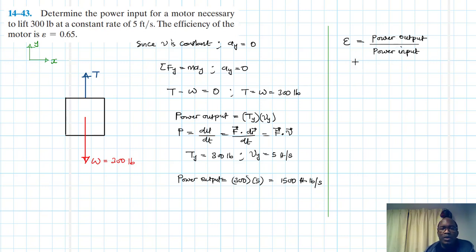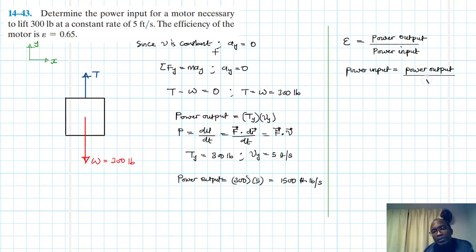So the power input is just going to be equal to the power output divided by the efficiency.